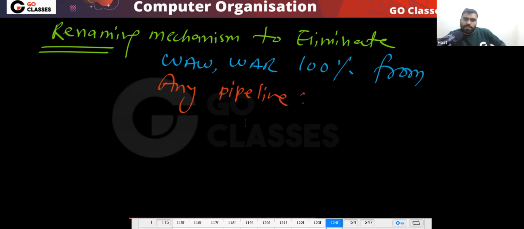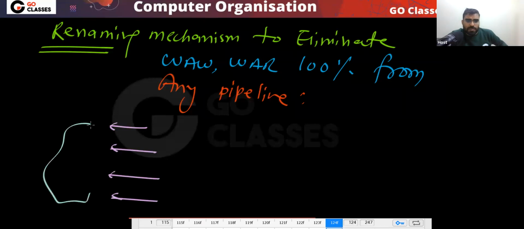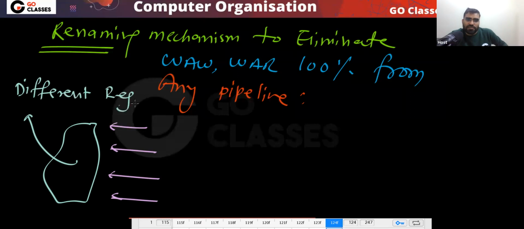All you have to do is, whenever you are writing, always write into different registers. All these must be different registers.